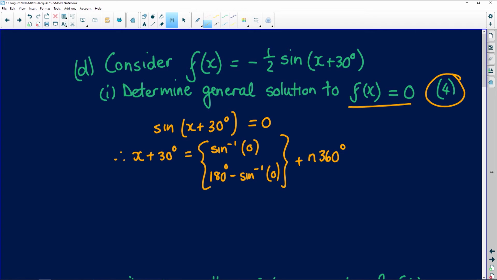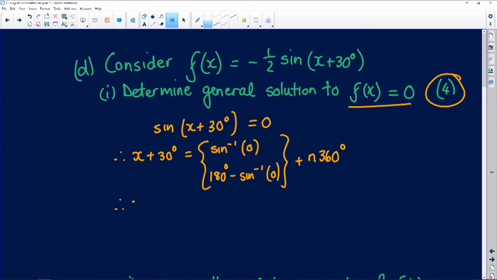Okay, now we all know the inverse sine of naught is naught, because the sine graph starts at naught, naught. So we can immediately say that x plus 30 is going to be equal to naught degrees, or 180 minus naught, which is 180 degrees, plus multiples of the period, which is 360.